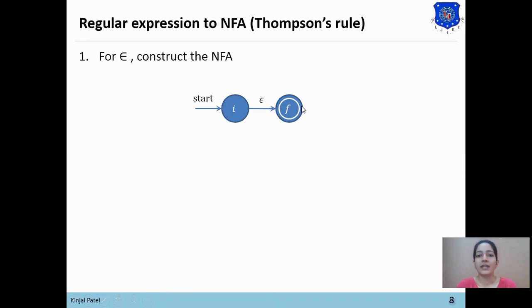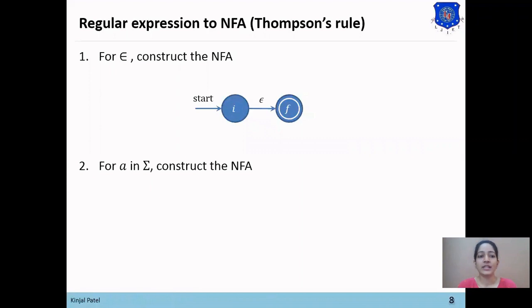We will denote the final state with a concentric circle and the starting state with a circle and arrow. And as we want to draw NFA for null transition, we will draw one null transition from the starting state to the final state. So this is the NFA for null transition and the first rule of Thompson's method.